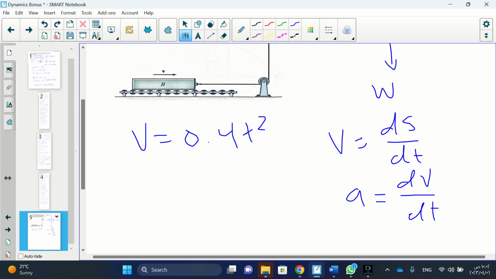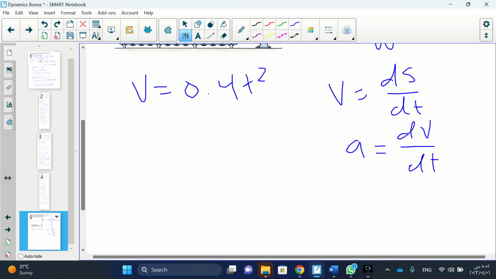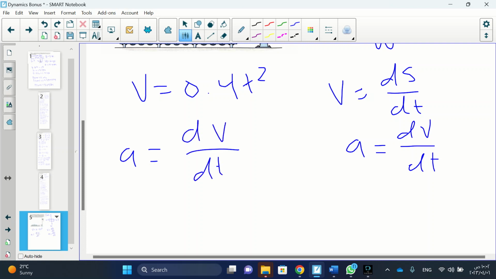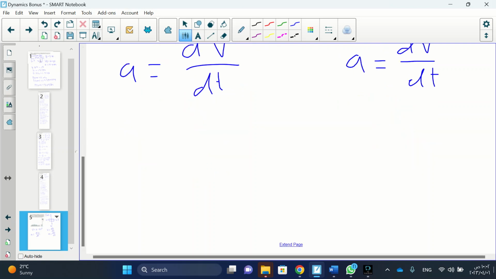So let's continue. A is equal to dV over dt. This is the equation. A is equal to d over dt times V, which is 0.4 T squared.